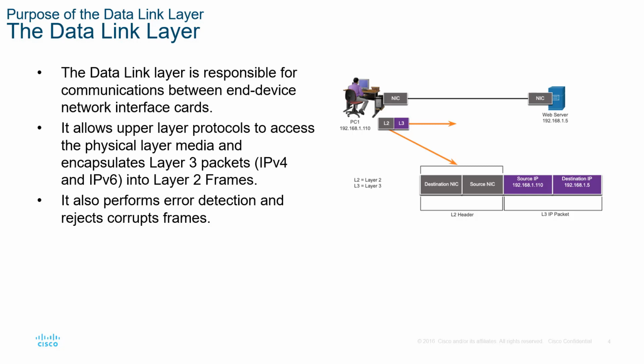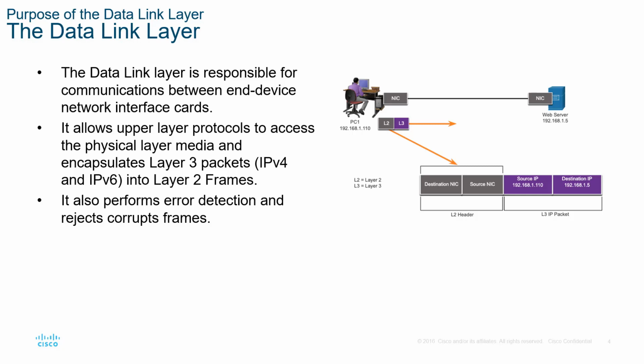You'll notice here in this slide, we're talking destination and source NIC addresses. Realistically, we're dealing with physical addresses at this layer. Now, keep in mind that depending on the layer 2 function, that NIC might be replaced with some other form of physical address.